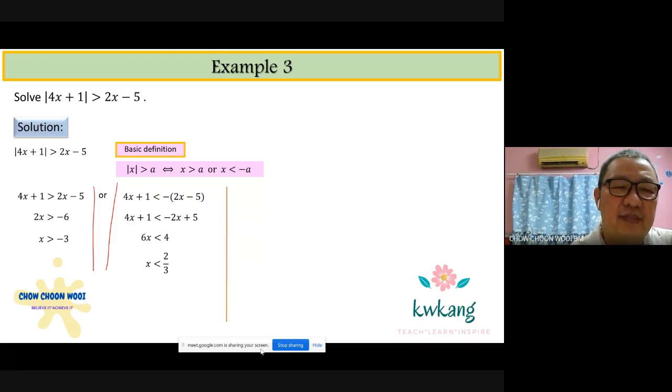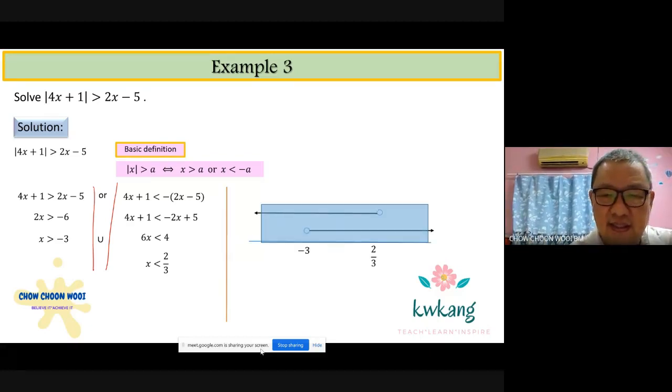Okay, after we obtain these two sets of inequalities, we need to merge them using the symbol or, union. So we need a number line to combine the answer. The first one, x is less than 2 over 3. The other one, x is greater than negative 3. So by using this, all of it means everything. Right? Look above.